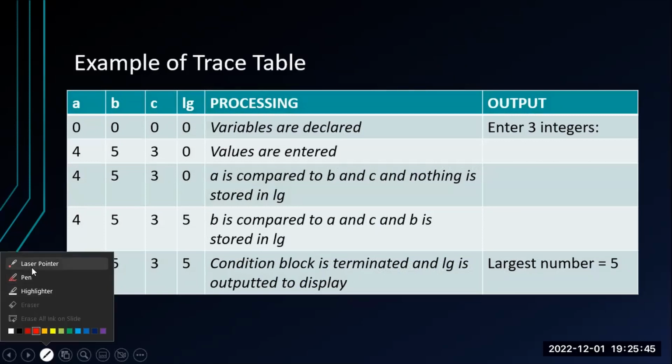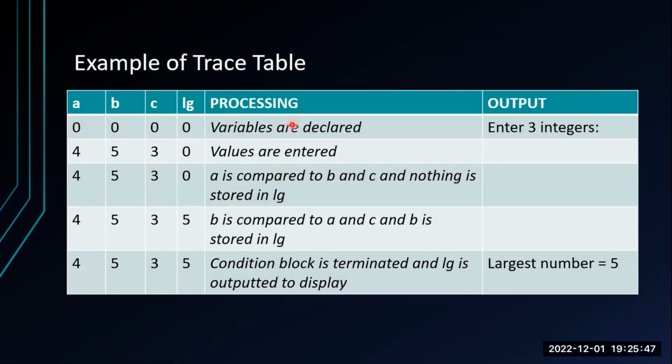I'll just get a laser pointer. They're here, and they're all set to 0. As these variables have now been declared, they have no values in them, so they'll pick up values as we go on in the program. But for now, they'll all be set to 0.